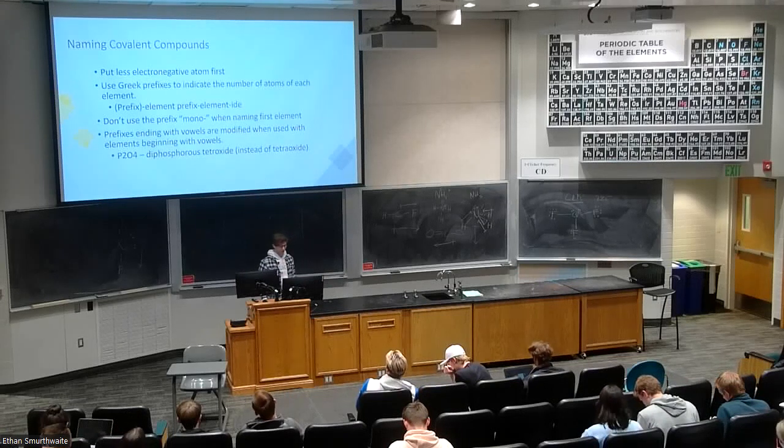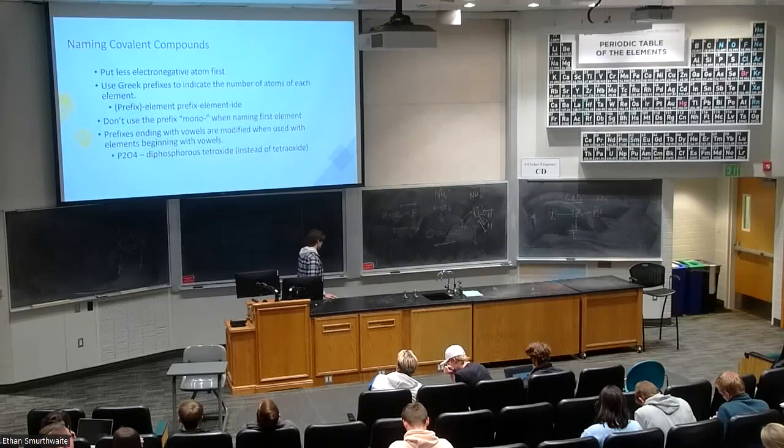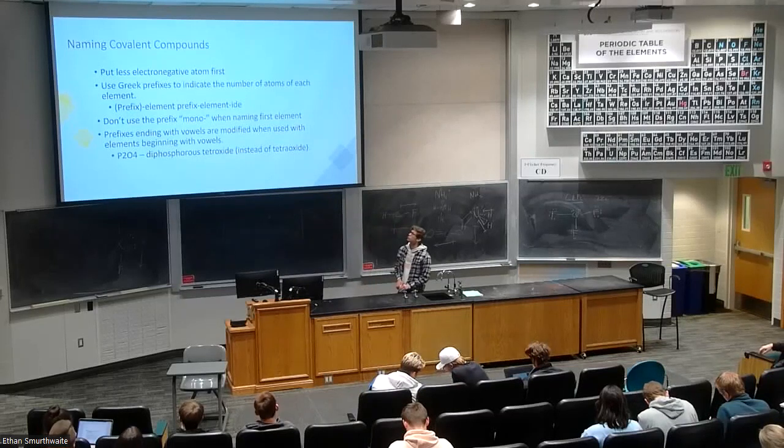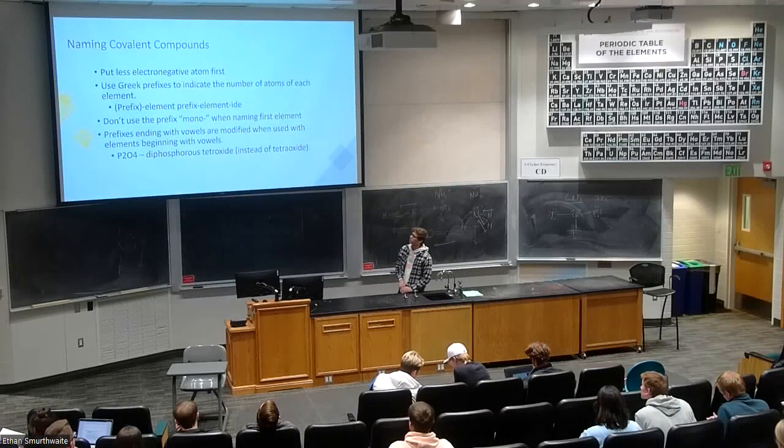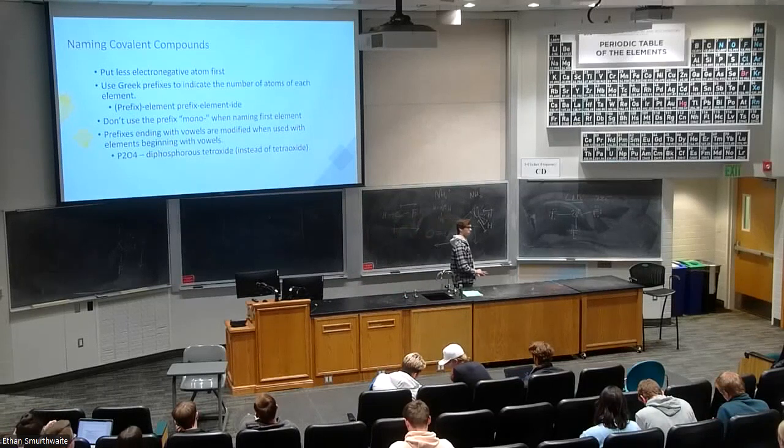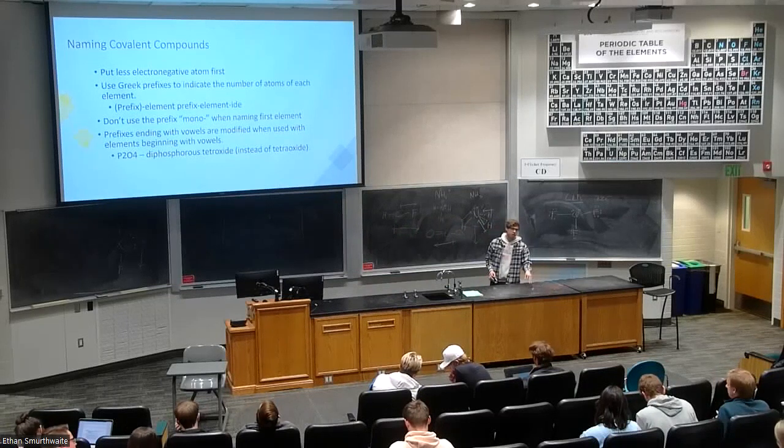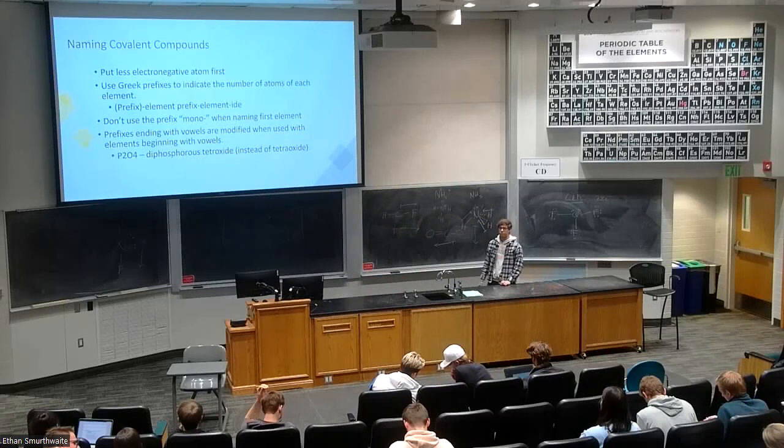Okay, let's talk about covalent compounds. So these are the rules. You're gonna put the less electronegative atom first when you're dealing with covalent compounds. You're going to use the Greek prefixes, which we've talked about: mono, di, tri, tetra, penta, hexa, hepta, and you don't have to go above hepta, really.